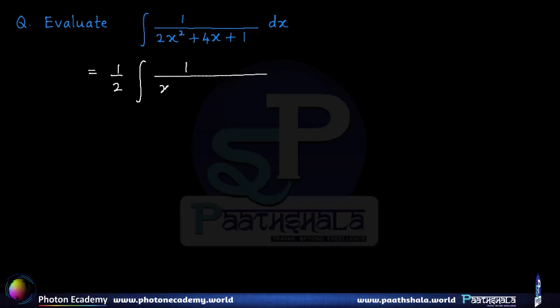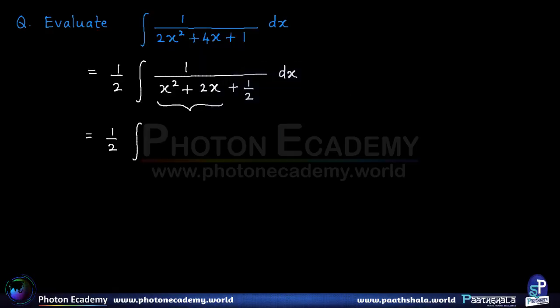So what remains is x square plus 2x plus the constant term now will be 1 by 2, isn't it? So if you want to complete the square here, we see the two terms are x square plus 2x. So obviously we need 1 to complete the square. So that is nothing but 1, right?